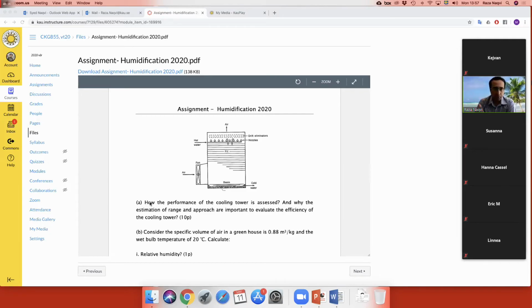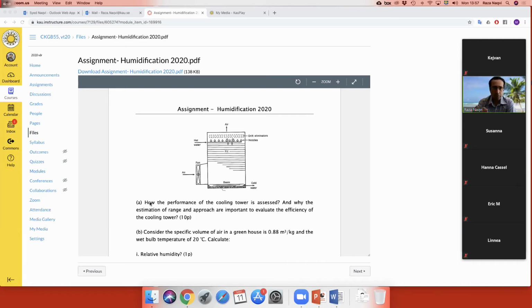And the second question was how you can find that range and approach are important in order to evaluate or estimate the efficiency of the cooling towers. I have discussed how we can calculate range and how we can calculate approach in the cooling towers, and you have to answer theoretically how you are going to use the knowledge from range and approach in order to evaluate the efficiency of the cooling towers, right?